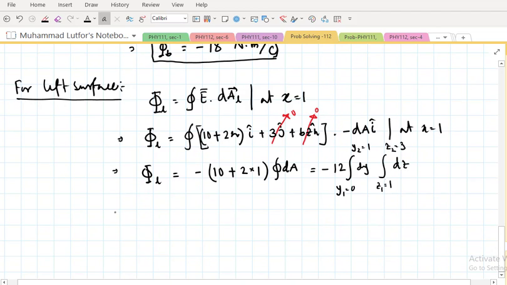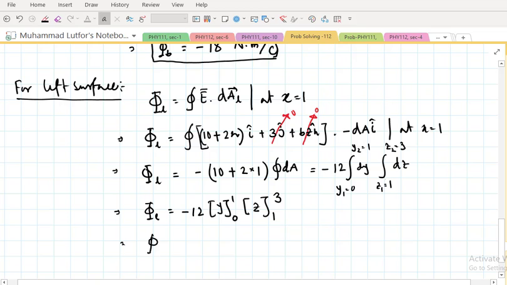So I just put that one. Now I can find out what would be that. So this left surface would be minus 12 into y, I just put the limiting values 0 to 1, and z 1 to 3.